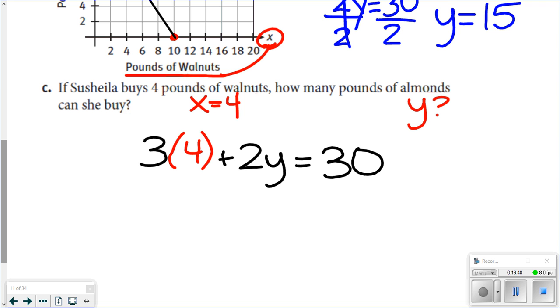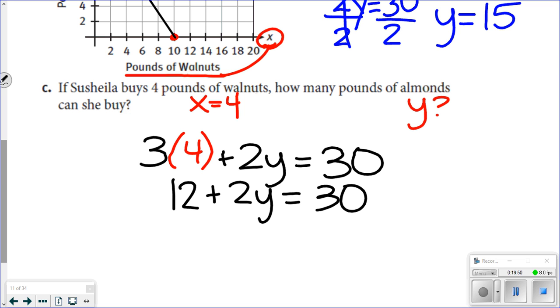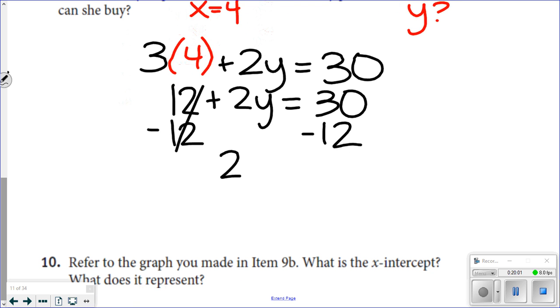And I want you to pause the video and I want you to solve. You can do it. Solve for y. Subtract 12. Those cancel. 2y equals 18.